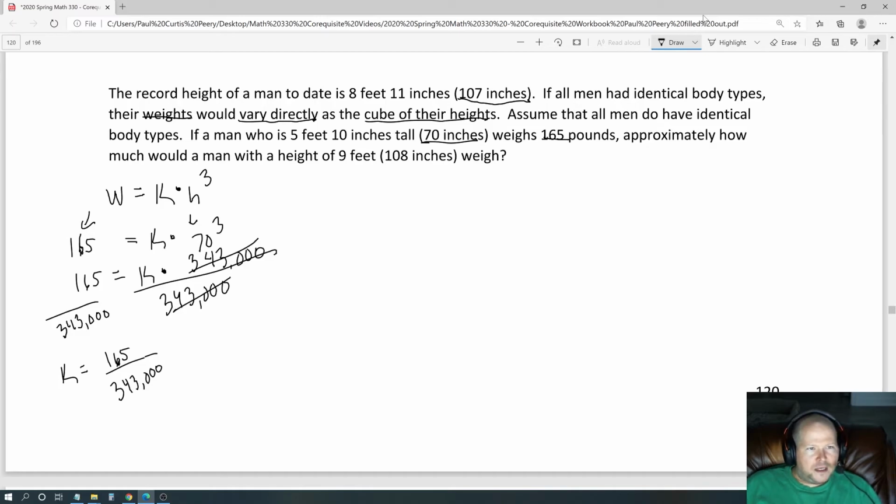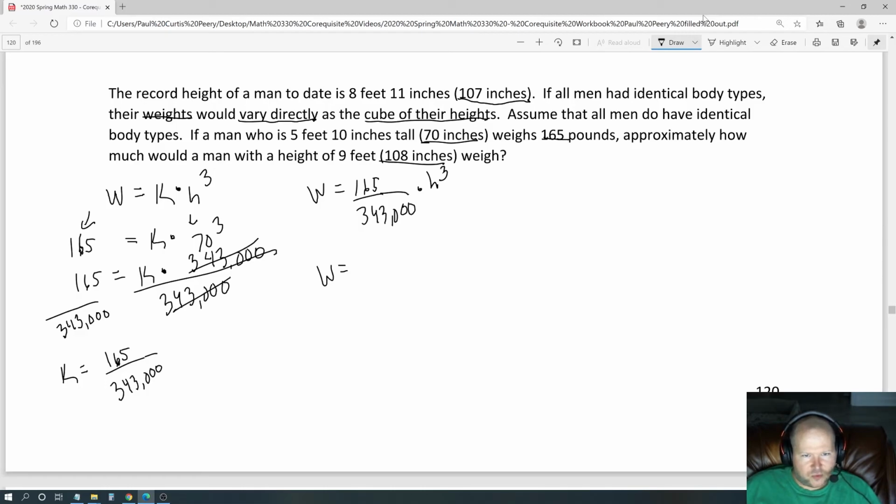Okay. Now, at this point, I'm going back to the original, but instead of writing K, I'm going to write 165 over 343,000, and then I multiply that by h cubed. Now they give me a different height of 108.